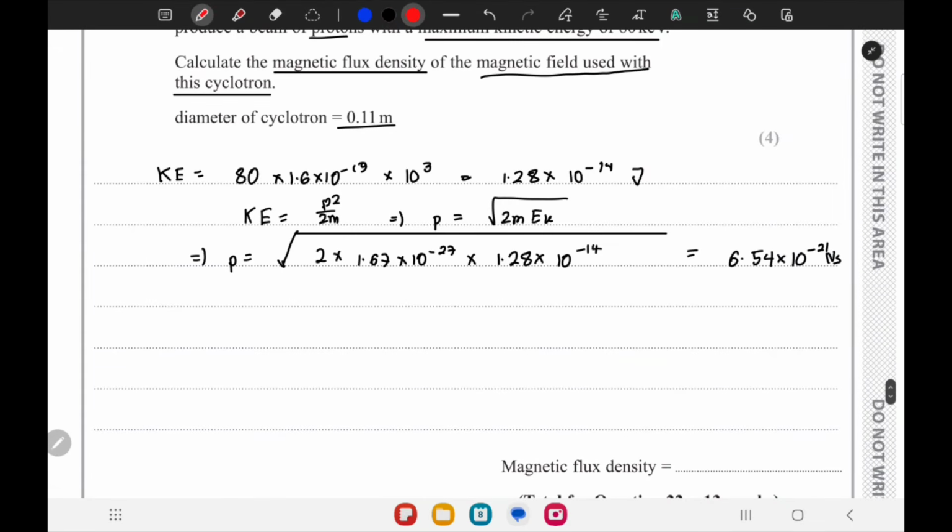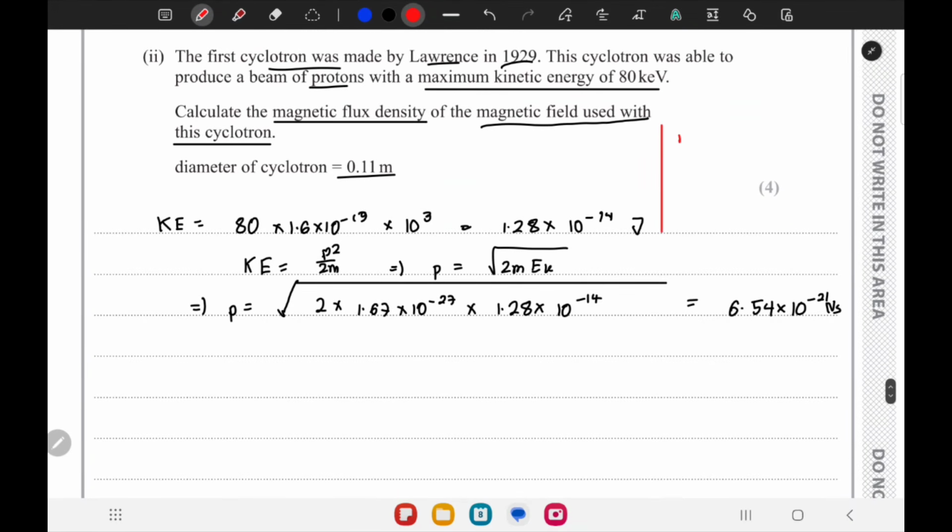Now since the particle is in circular motion, mv squared by r would be equal to Bqv. The v cancels out. mv is equal to the momentum, so the momentum divided by r equals Bq. So the momentum is Bqr.